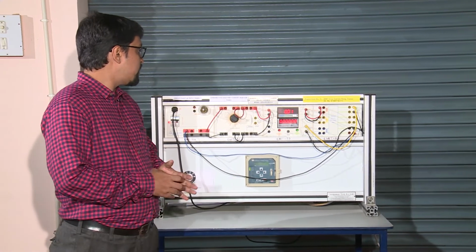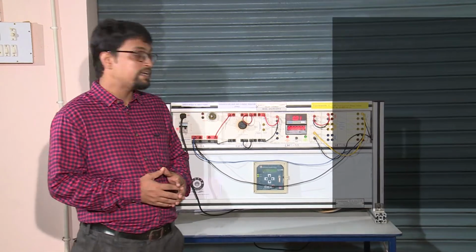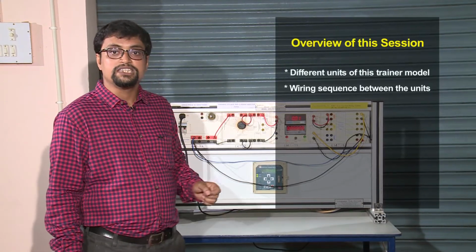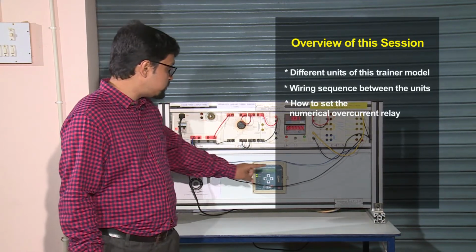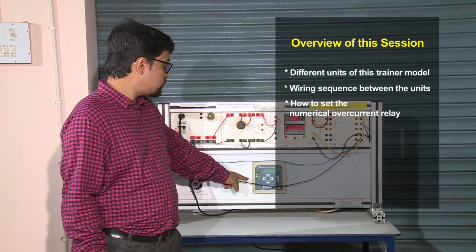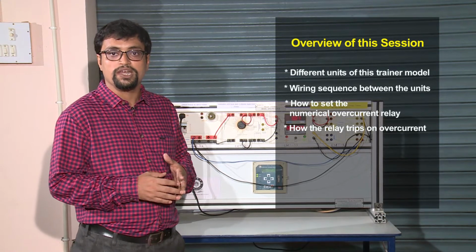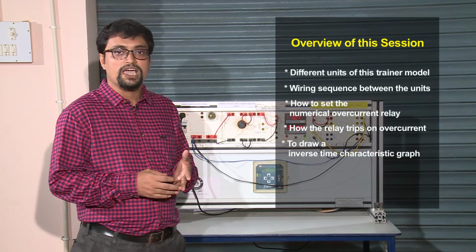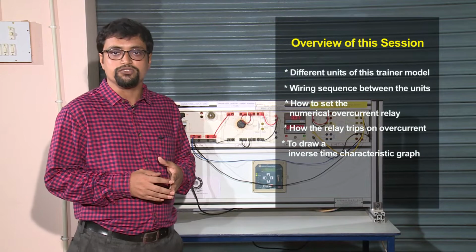At the end of this session we are going to learn the different units of this trainer model, the wiring sequence between these units, how to set this numerical overcurrent relay, and how the relay trips when an overcurrent is given to it. Finally we will draw an inverse time characteristics graph.